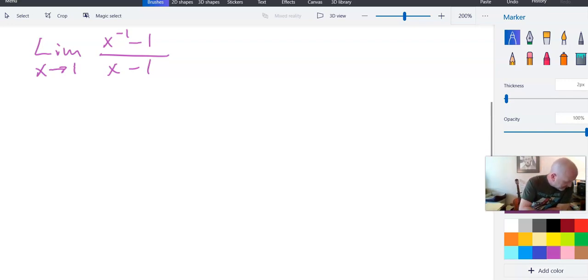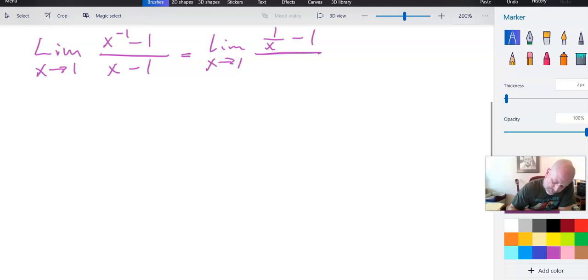Let's see here. Yeah, so let's go ahead and get started here. I'm assuming you've already paused it. Now, you have to remember what it means when you have a negative exponent, right? Negative exponents mean division, which means that this is now the same as the limit as x approaches 1 of 1 over x minus 1 over x minus 1.